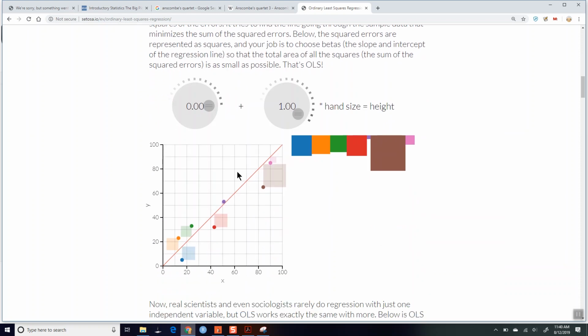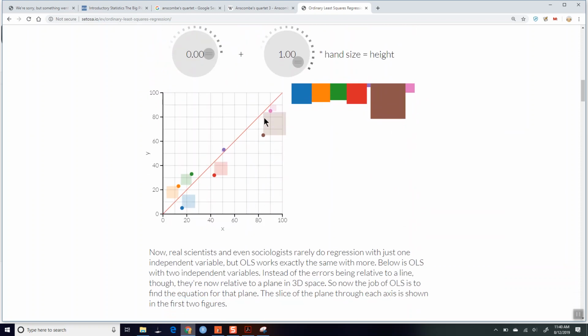It's going to be the line that minimizes what we call the squared residual. So here, for this dot, this is the actual data point, and it has a value of like 84 or something. And currently, our line says if the value is at 84, we predict 84.